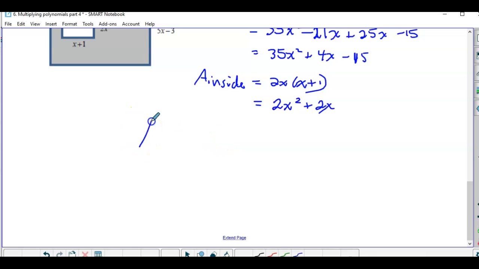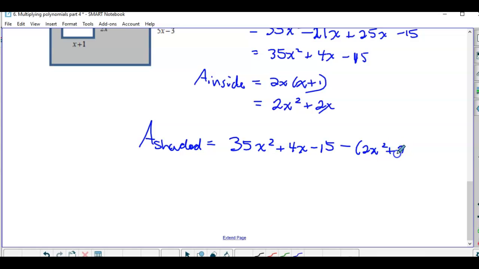So area of shaded, sorry about my writing, I'm doing this with my mouse. So outside, and then remember you're subtracting the inside, so brackets around it.